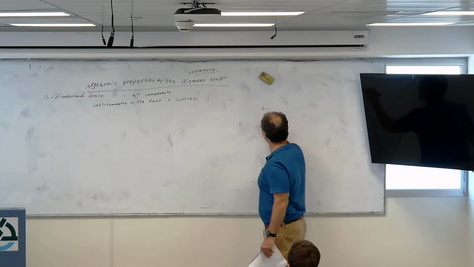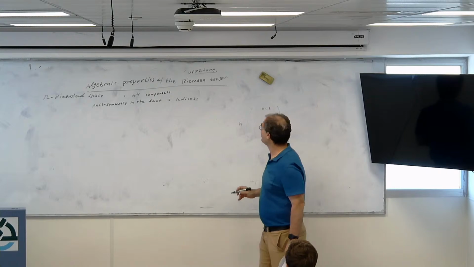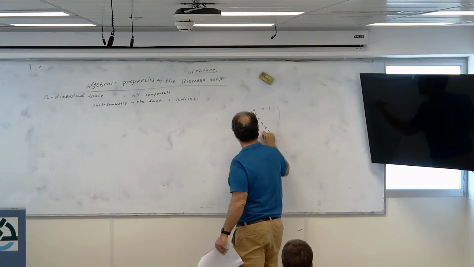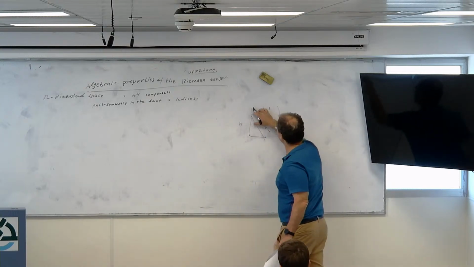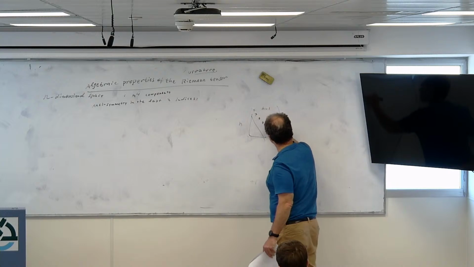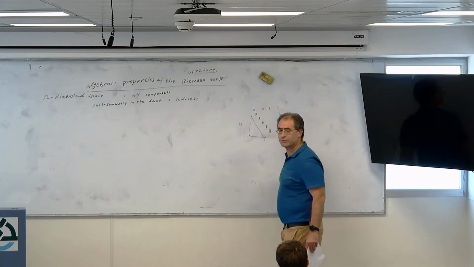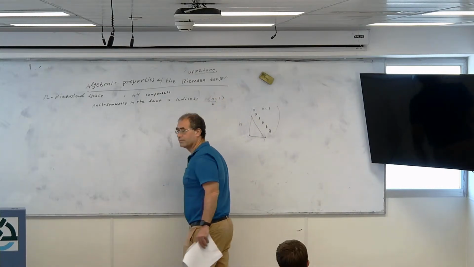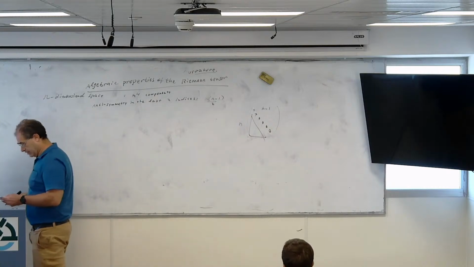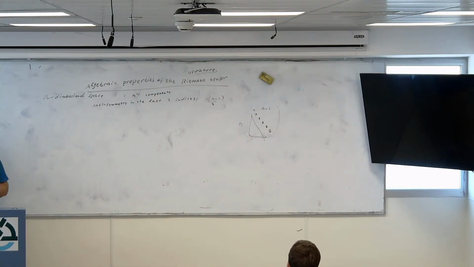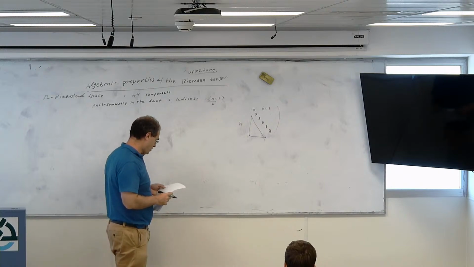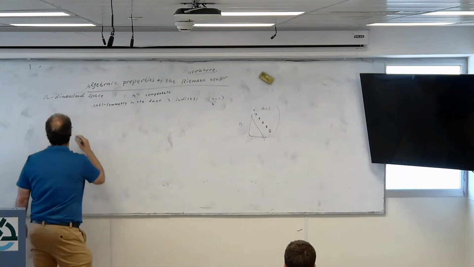Since it's antisymmetric, the diagonal has to be 0, and everything below is determined by what's above. So you have n times (n minus 1) divided by 2 independent components. There are several other relations, which we're going to prove now: additional symmetries.